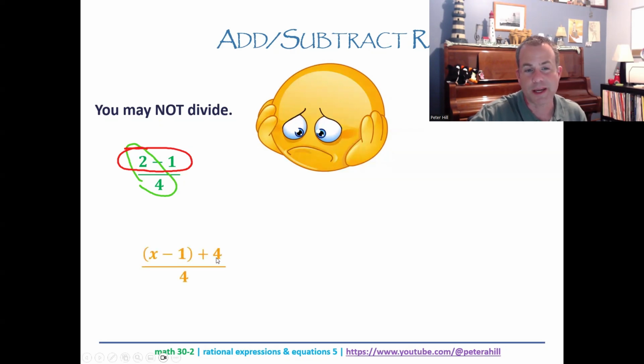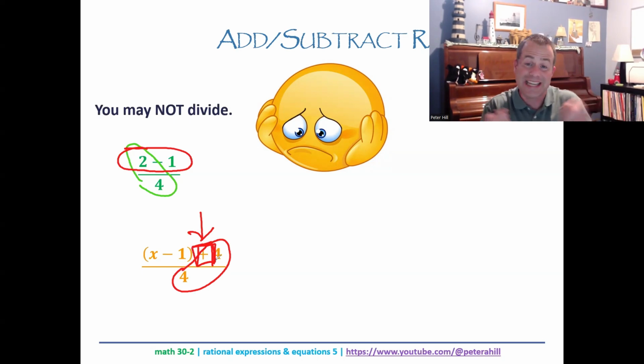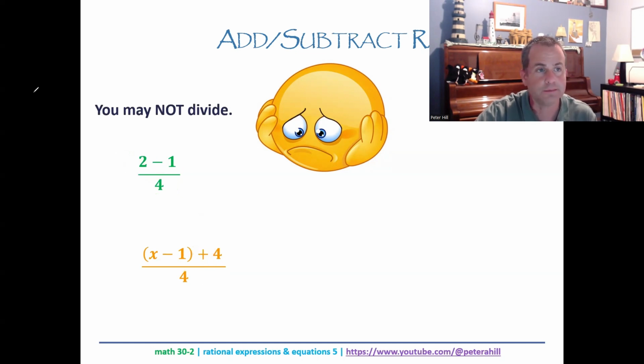Okay, so x minus 1 plus 4 over 4. Don't let those eyes of yours dart right to here and say, oh, I can divide those out. What you need to see is that plus sign. As soon as you see that plus sign, you're connected to that x minus 1. So you can't divide something out unless it's fully multiplication, not addition or subtraction, okay?